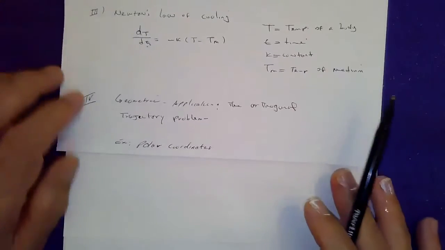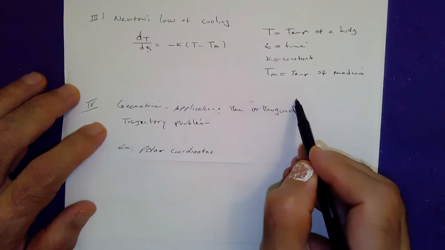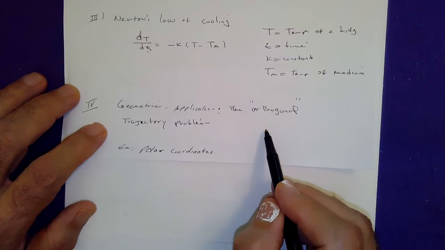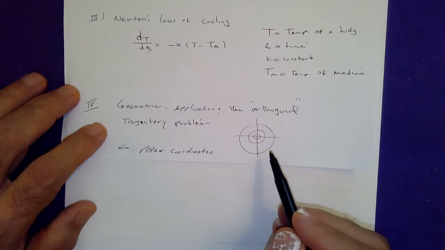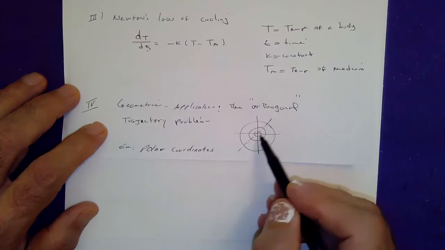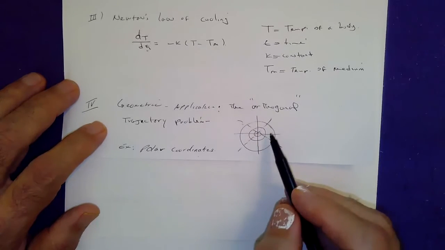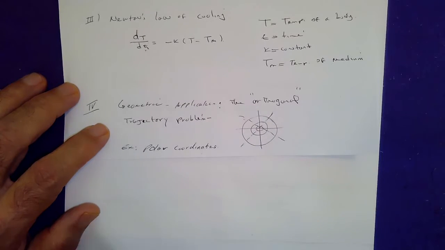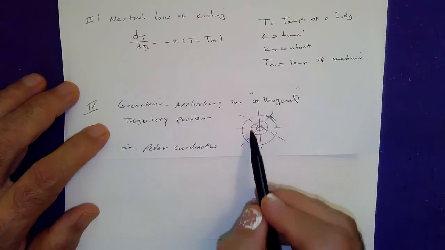Finally, we have geometric applications, which are called the orthogonal trajectory problems. An example of orthogonal trajectory problems happens to be polar coordinates. What are orthogonal trajectory problems? These are the type of problems where, if you graph the curves, the first set of curves happens to be perpendicular to the second set of curves at the point of intersection.